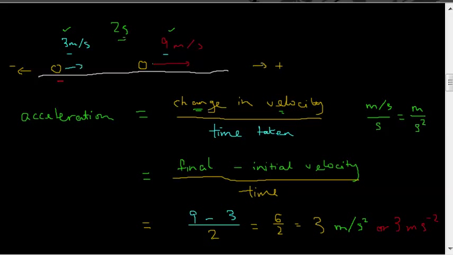After 1 second, the ball reaches somewhere there and the speed has increased to 6 meters per second, and after another second the ball comes here and increases by another 3 meters per second, to 9 meters per second.